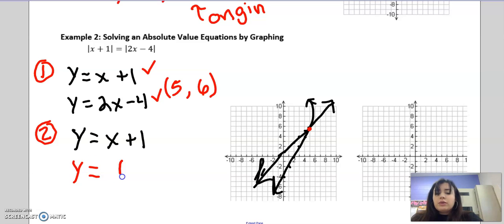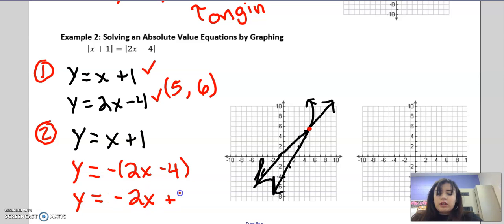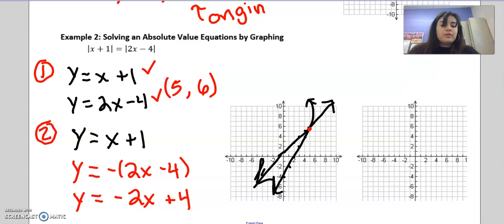So what we do is we're going to take 2x minus 4, and we are going to negate it. So we're going to switch all those signs. So we're going to take a negative 2x and a plus 4. So now we're going to graph our black line, y equals x plus 1, and then our bottom one, which is y equals negative 2x plus 4.